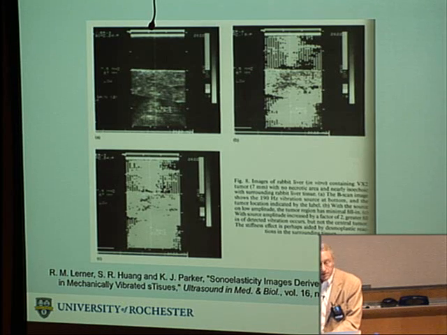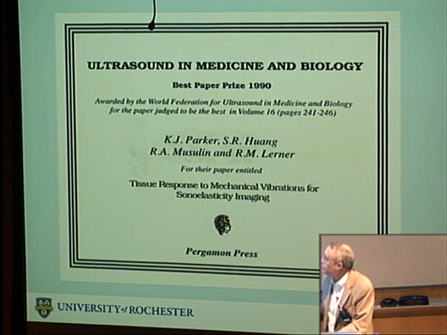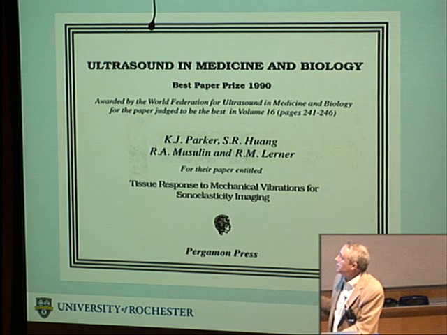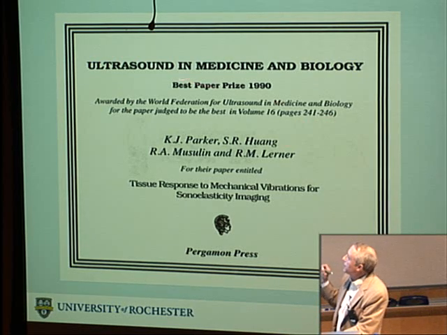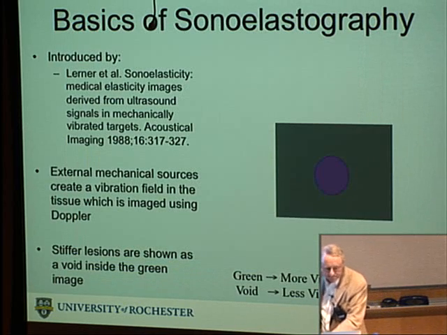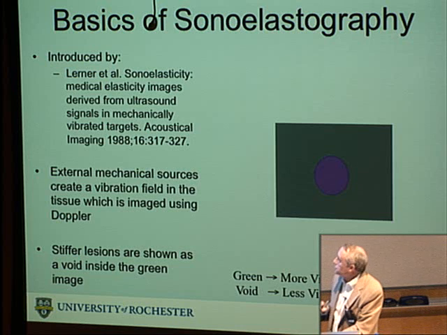And a dark lesion is an ominous sign, as we were able to prove in a number of studies and finite element analyses and simulations and tissues. We actually won a Best Paper Prize in 1990, and then we're off to the races. So here's what this looks like.